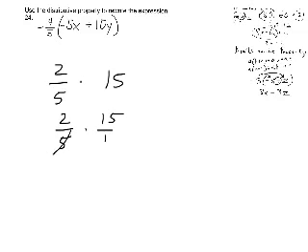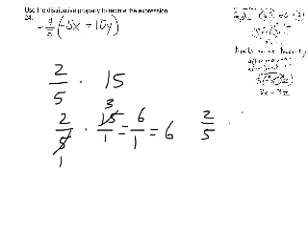Divide the 5 into the 5 and a 5 into the 15. We get 3, we get 1. 3 times 2 is 6. That would be over 1. The answer would be 6. Or if you don't cross cancel, we have 2/5 times 15 over 1, which would be 30 over 5. And 30 divided by 5 is 6. So we get the same answer.